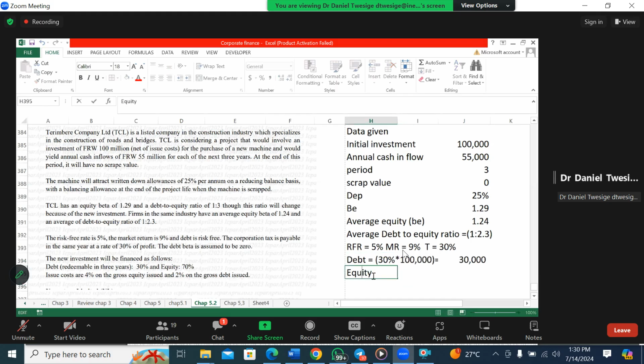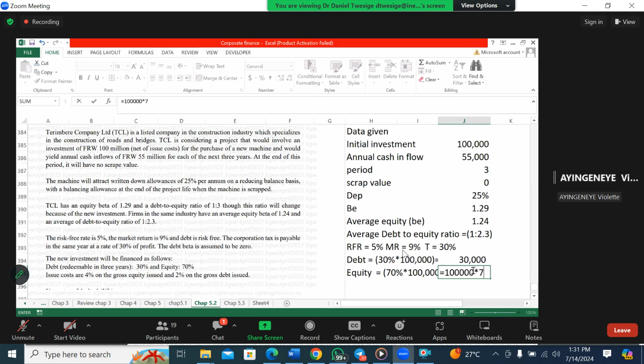Equity, they are telling us it's going to be 70%. You are lost? So if you multiply this, we are trying to check where is the debt of 100 million. The total investment is 100. That's the money we need to finance the project.